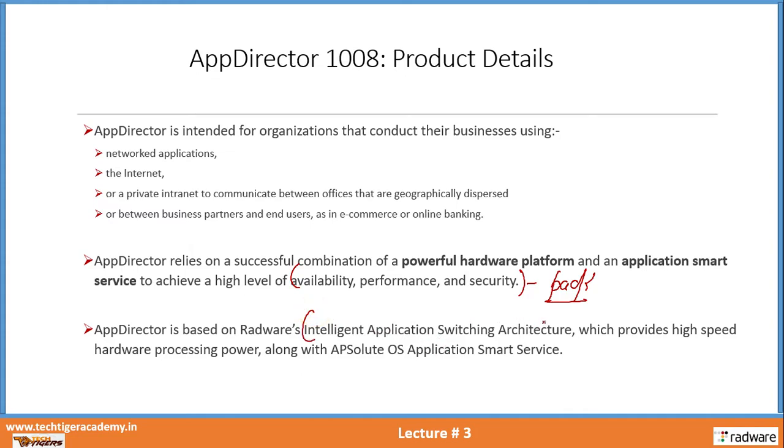Okay, that's very important, which provides high-speed hardware processing power along with an operating system and the application smart service. This application smart service is a module, right? It provides many advantages, and I'm going to discuss that as well.